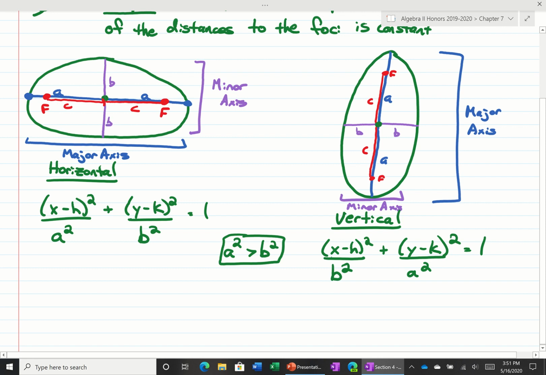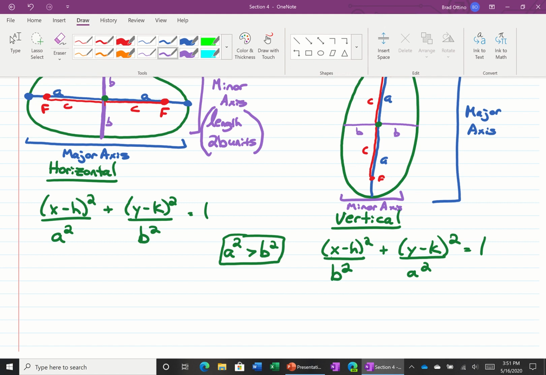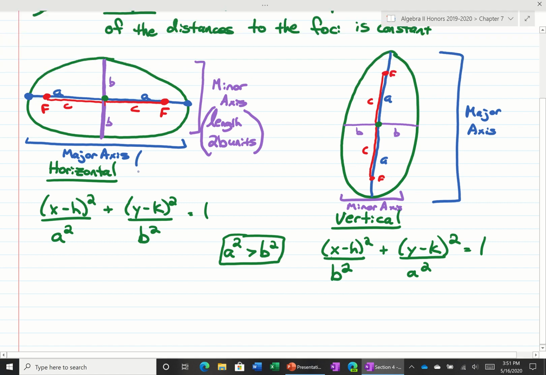All right. The length of the minor axis would be b plus b, or 2b units. The length of the major axis would be a plus a, or 2a units.